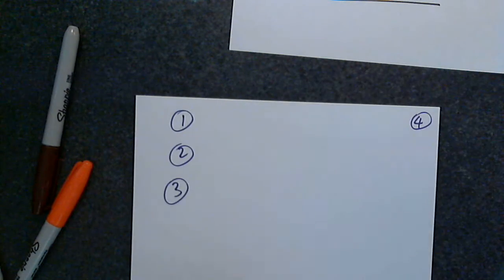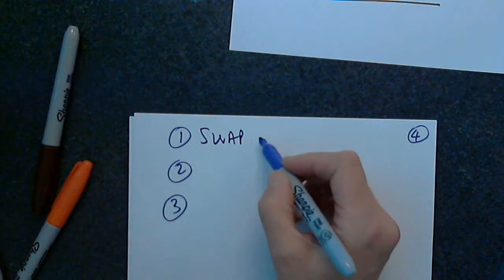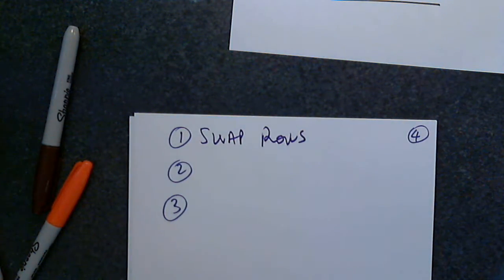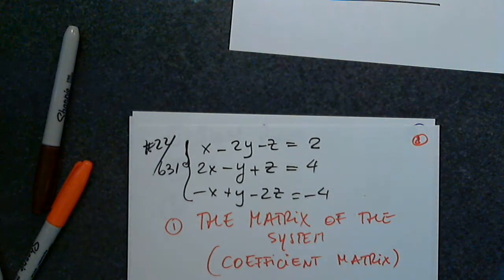That's the first allowed operation. Swap rows, which means swapping equations. We know each row is an equation. Why would I do that? In certain conditions, we will have to. So that's allowed. Okay. Let's go back to our substitution method for a second.